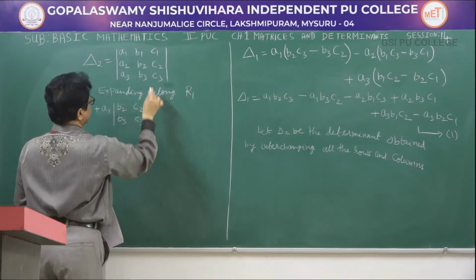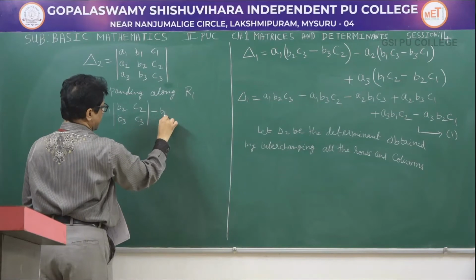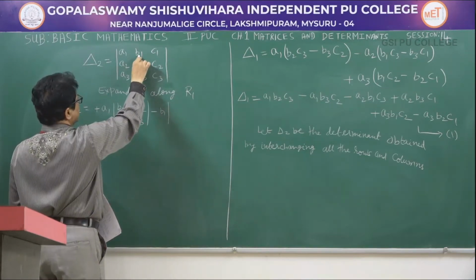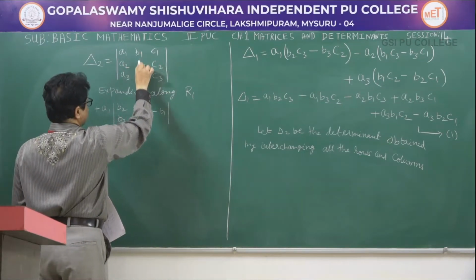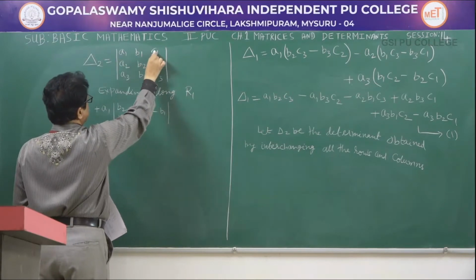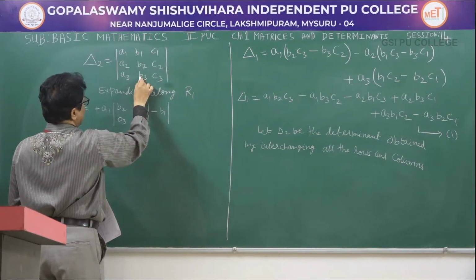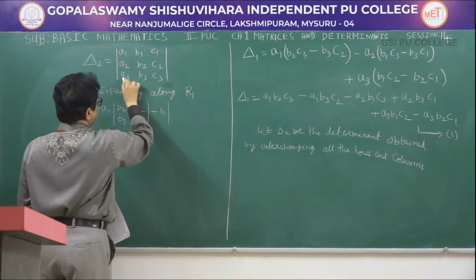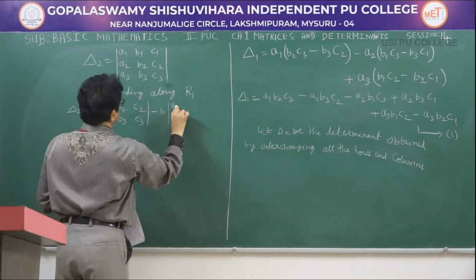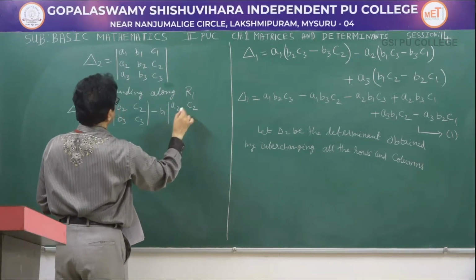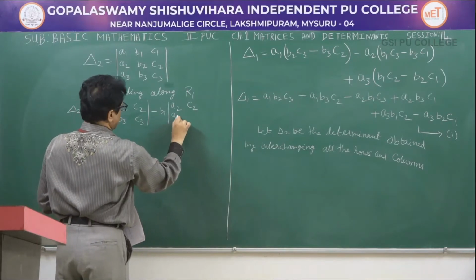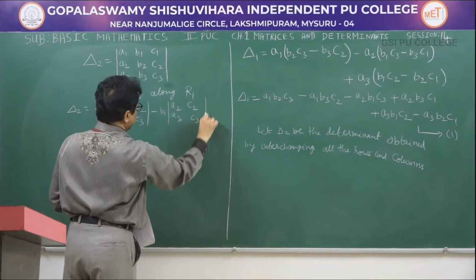Next we should write minus, next element is B1 into, B1 lies in the first row, second column, eliminating the first row and second column and taking the determinant of the remaining elements, that is A2, C2, A3, C3.